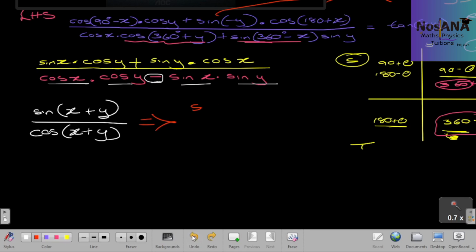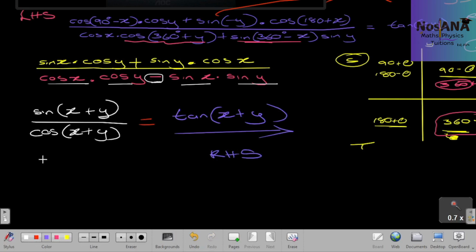So we know the tan ratio. Moving back to the tan ratio, what we'll pick up is that this is actually going to be equal to tan of x plus y, like that. And this was our right hand side, ladies and gentlemen.